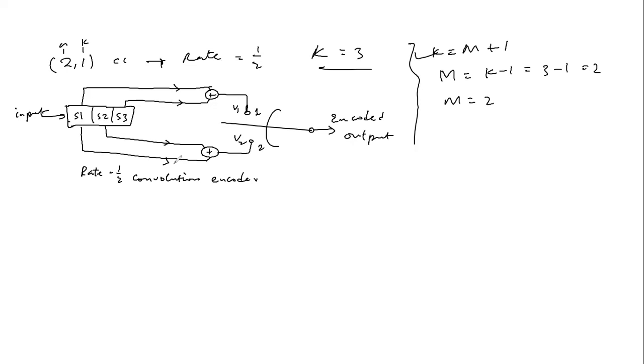Now, the first stage of the shift register here holds the input. If, for instance, we feed in the input into this, say a 0, it means that this first shift register will hold the input, while whatsoever it was holding will be shifted to shift register 2, and whatsoever shift register 2 was holding will be shifted to shift register 3, and whatsoever shift register 3 was holding will be discarded.